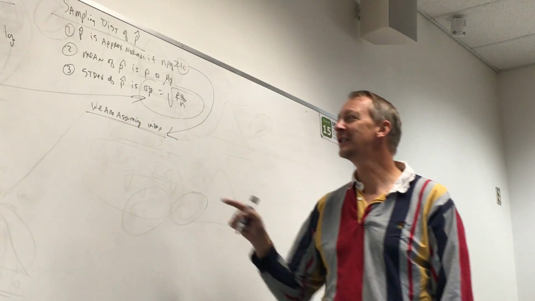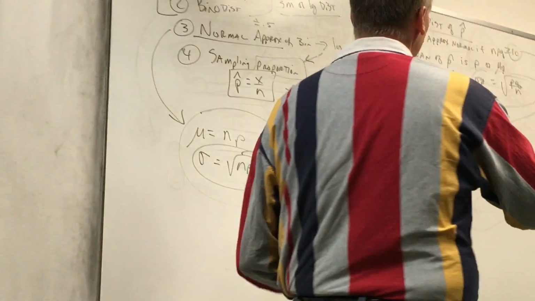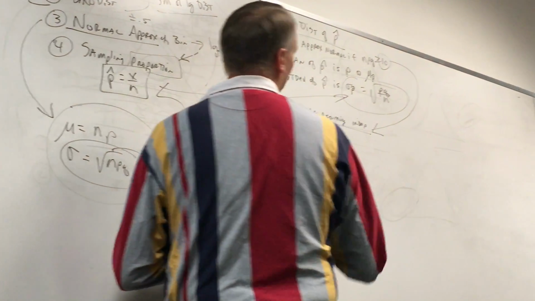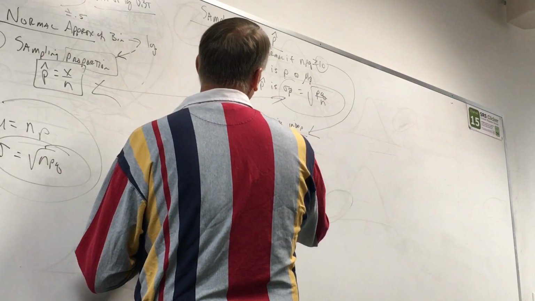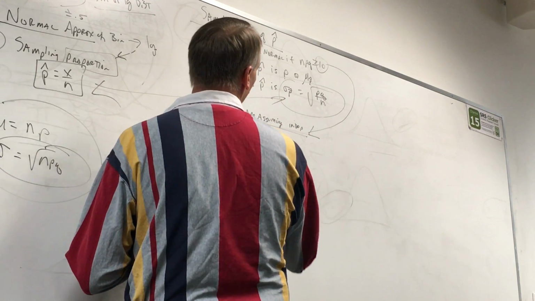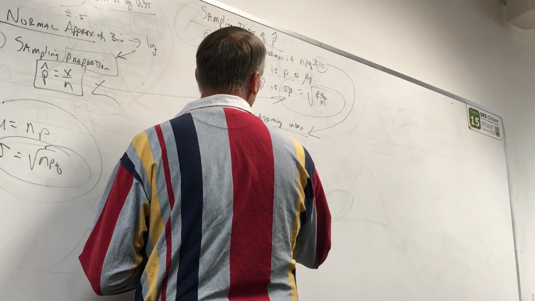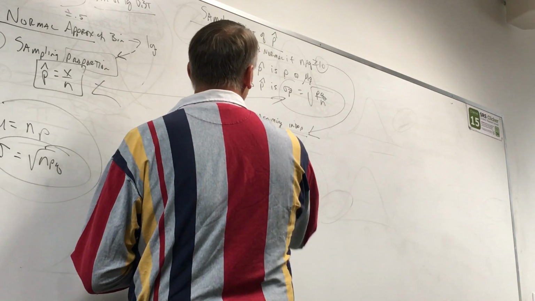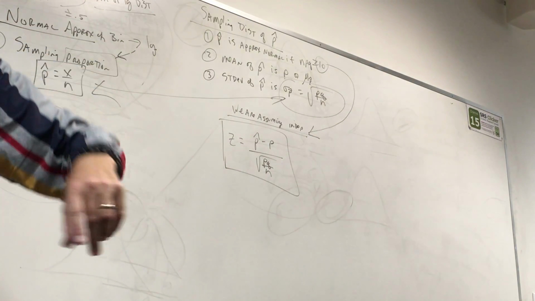Okay, so if you're going to use a z-score equation here, now conceptually it's the same thing. I'm going to convert this to a standard score. I'm going to say p-hat minus p, and sometimes they put a p-naught here, I don't really care about that. But anyway, divided by the square root of pq over n. This is the notation. Now functionally these are the same.